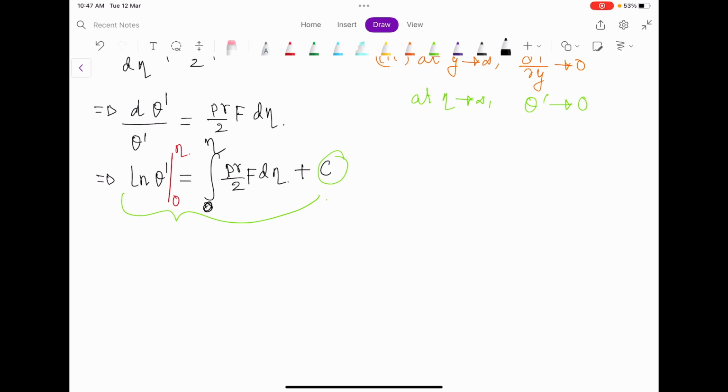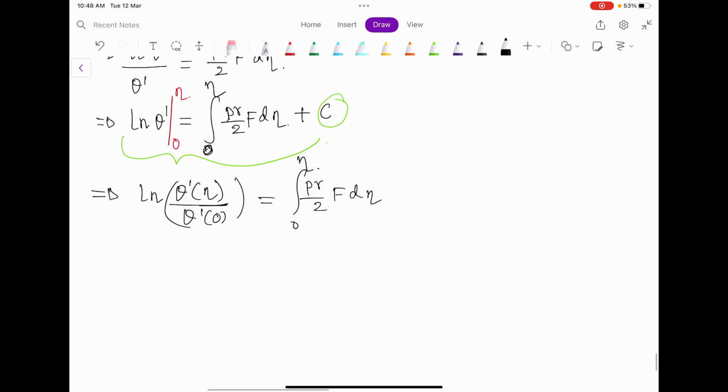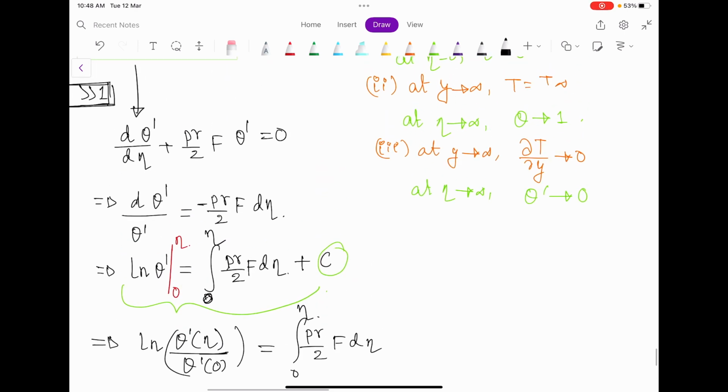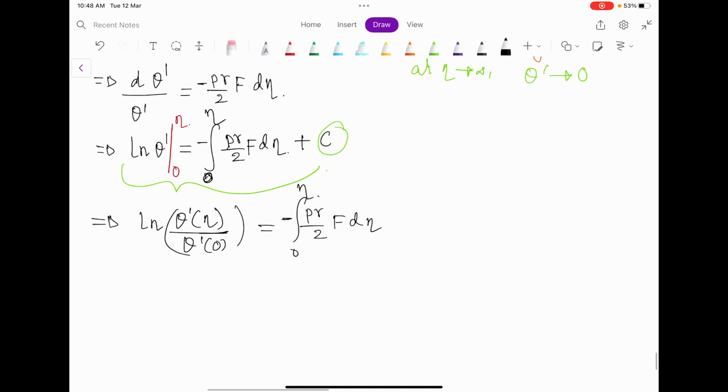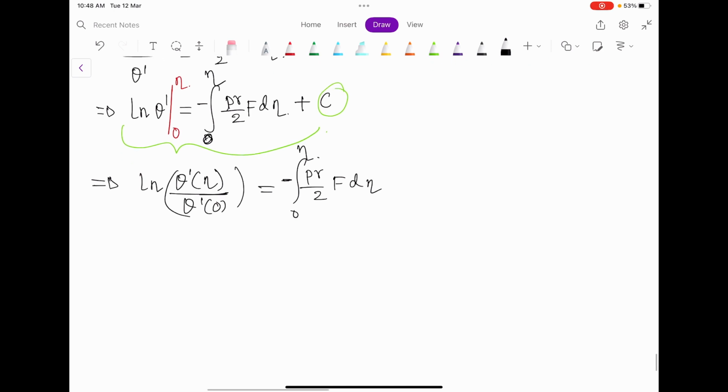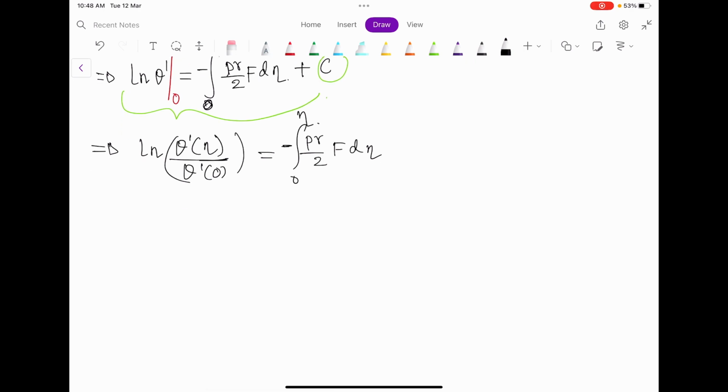I am just recasting the equation. So this becomes theta dash of eta by theta dash of 0. There is a minus here. It is now the same form, and this C is absorbed in the theta dash of 0, which is also an unknown and a constant. So C is absorbed here. I am just recasting this equation.